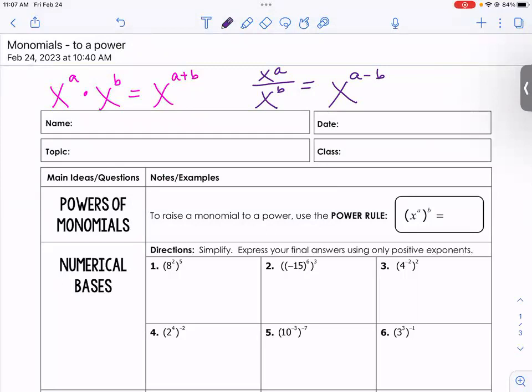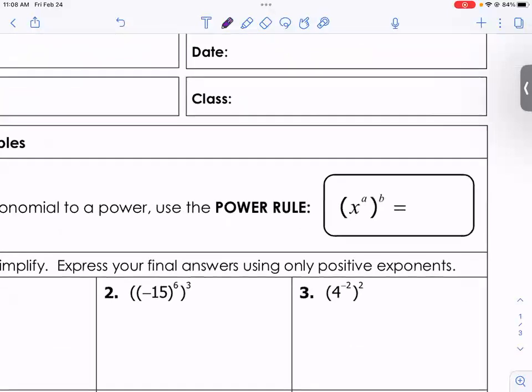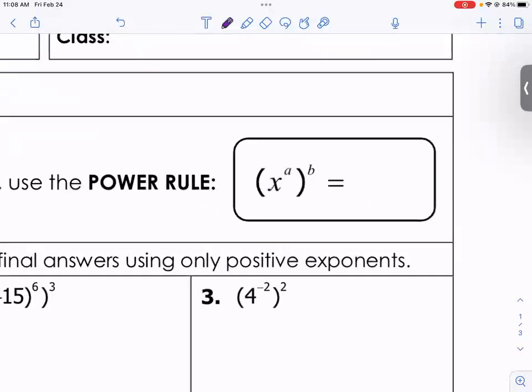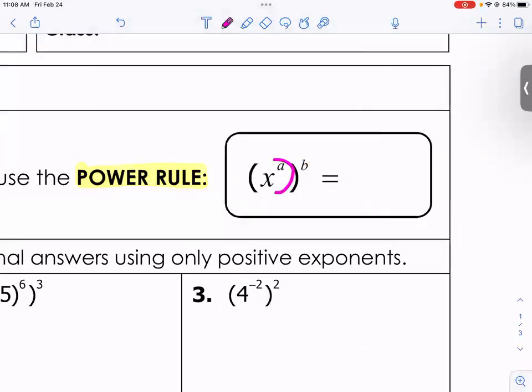Well, now we have what's called the power rule. If I have an expression with a power and it gets raised to a power, any ideas of what we're going to do?